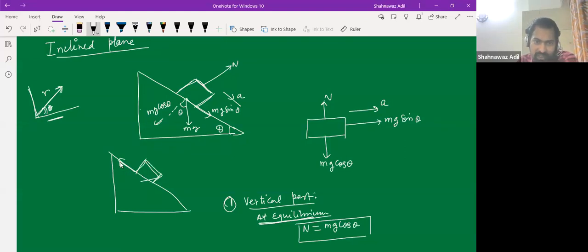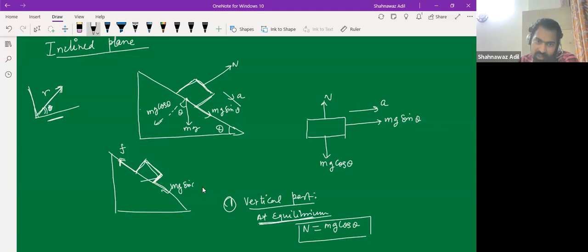If this friction is equal to mg sine theta, so that the net acceleration is zero, the object will not slide. Here the friction balances mg sine theta.